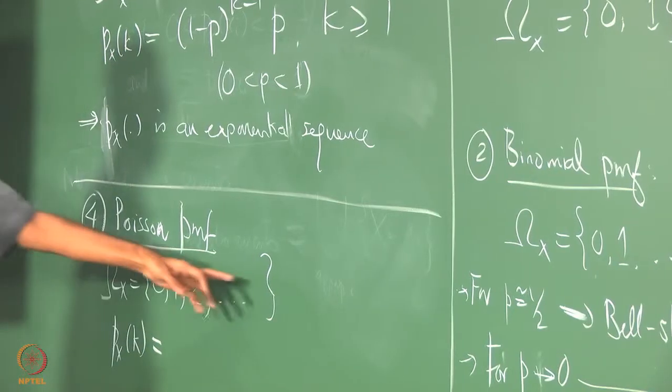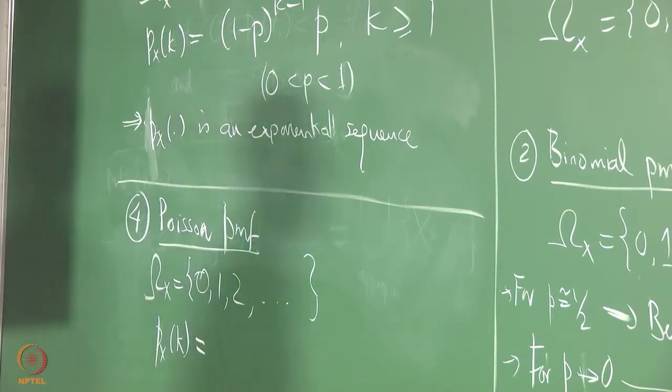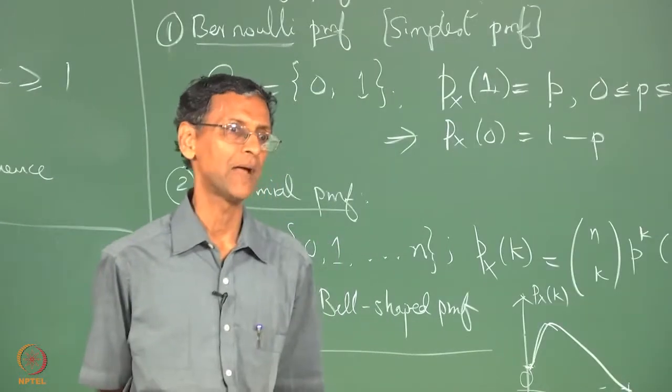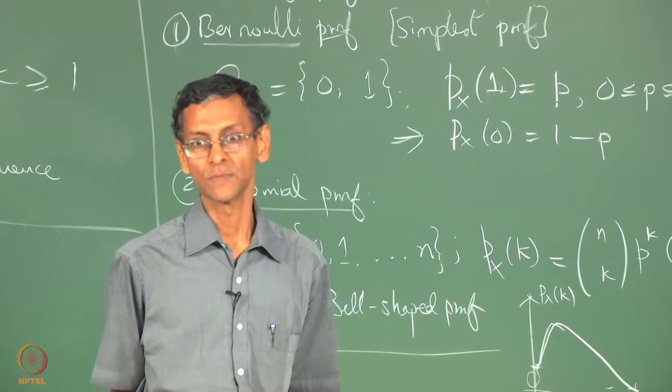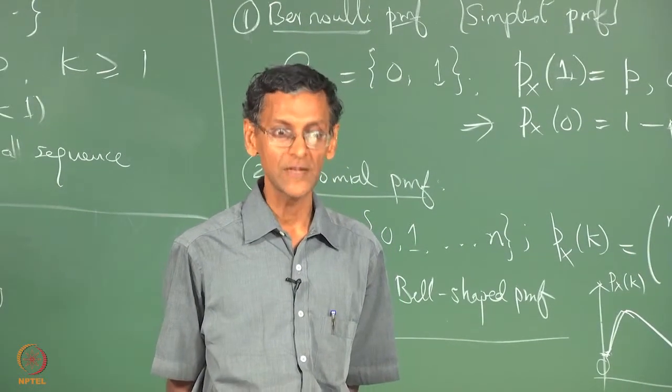Since we have only integers here, I can just write Px of k. There is a very important non-negative parameter called lambda, which is called the rate parameter of the Poisson distribution, and its value is crucial.